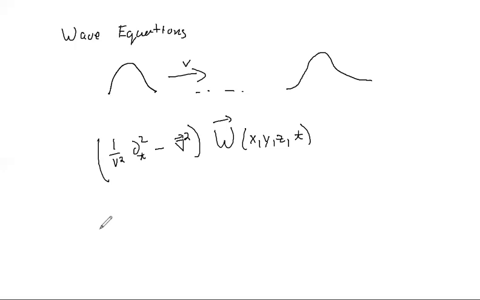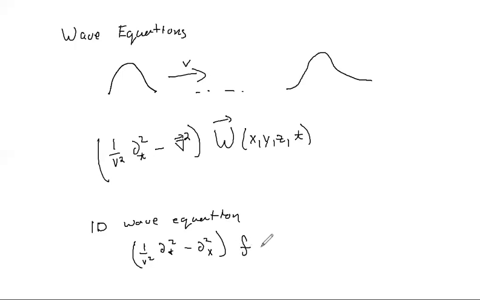Let's focus on a 1D simplification. The 1D wave equation would be written as 1 over the velocity squared times the second time derivative minus the second spatial derivative, that combination of derivatives acting on the wave, and I'm going to call the solution in 1D just some function of x and t.